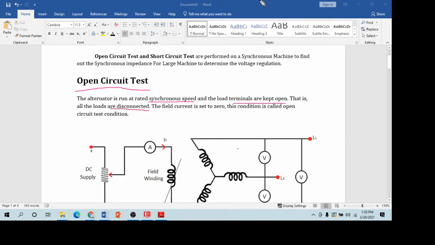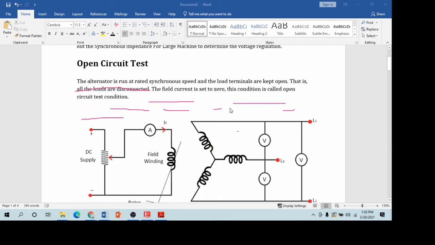So it is at no load. The field current is set to zero, the DC field current is adjusted to zero. This condition is called the open circuit test condition.